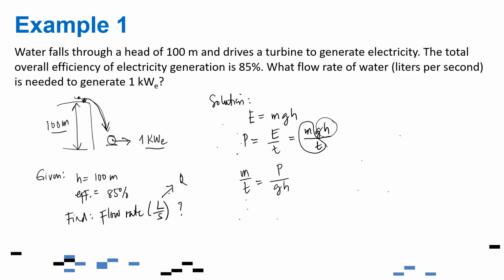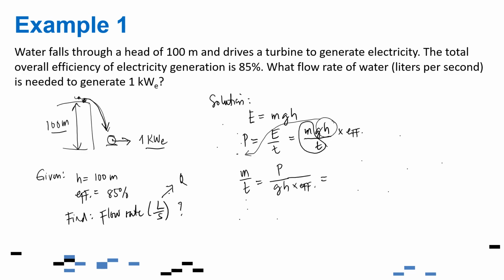We will just transpose this one under the P. And of course, we need to apply the efficiency as well, so there must be times efficiency here. So we have now the efficiency at the denominator.